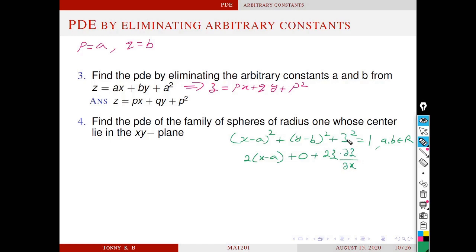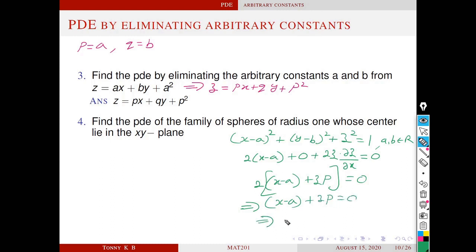So the derivative of z square with respect to x is 2z into the derivative of z with respect to x, equal to 0. 2 is common, take outside, so 2 times (x minus a plus z into p) equal to 0. p is nothing but dz by dx. So this implies x minus a plus zp equal to 0. This implies x minus a equal to minus zp.